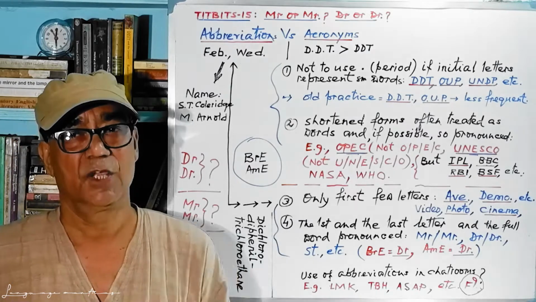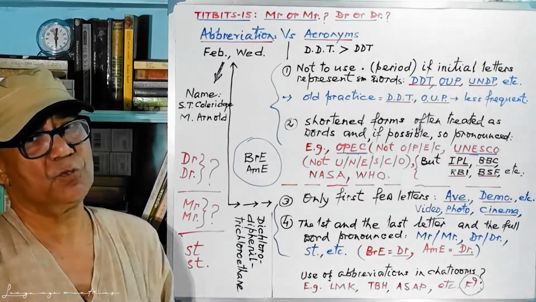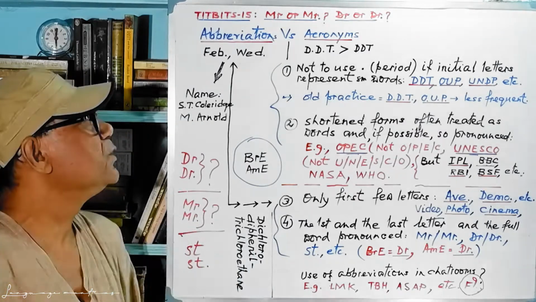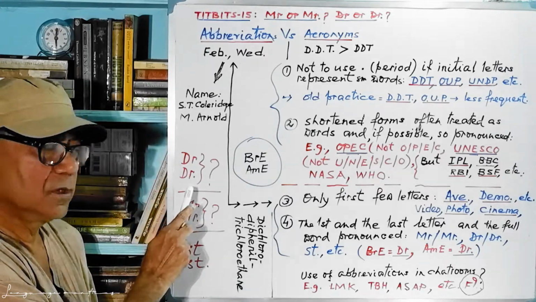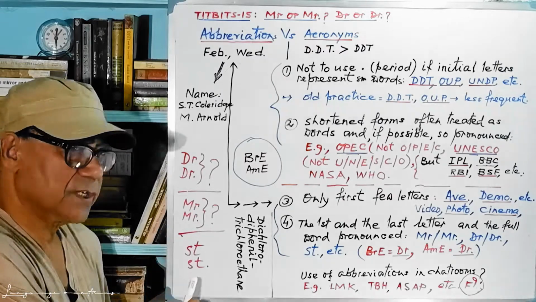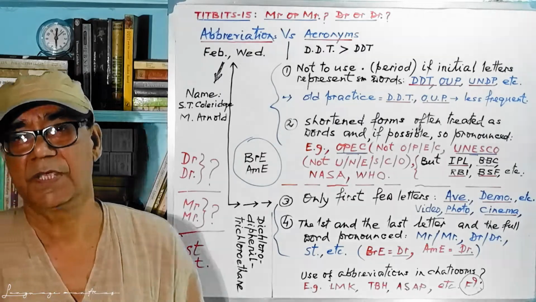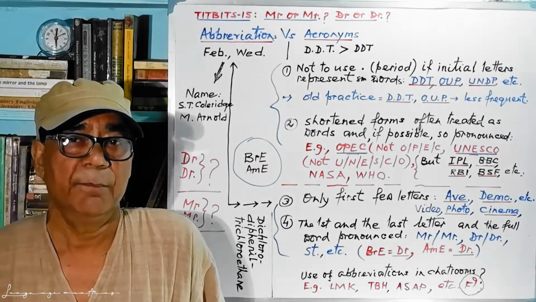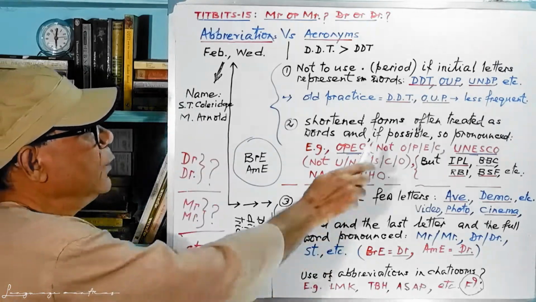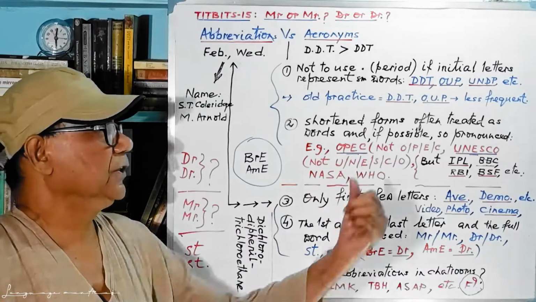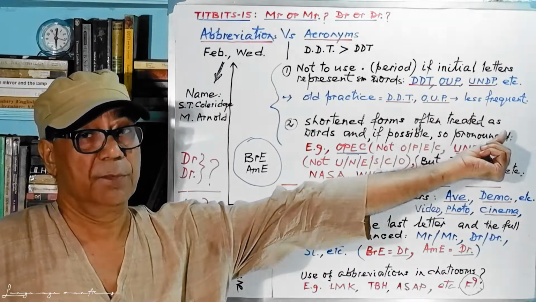There are many you may come across. Now we come to the main issue, that is whether we should use a dot after Dr., after Mr., after St. or not. Simply speaking, Americans always use a dot in such cases. They do not use a dot in acronyms.